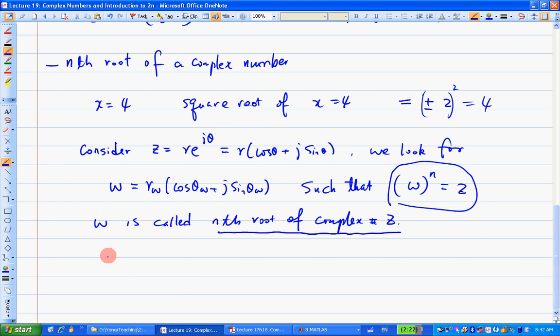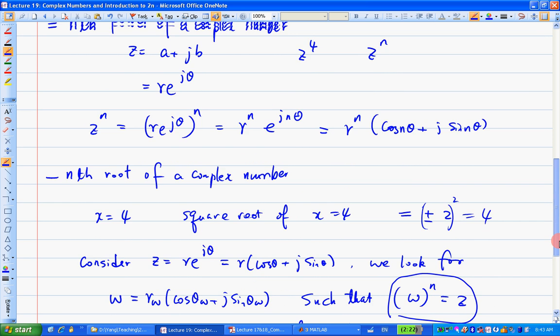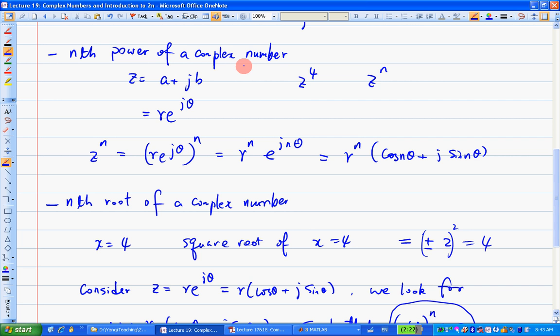So what is w to the power of n? Here's the w we're looking for. Suppose you have w. Then w to the power of n is exactly what we just talked about, the nth power of a complex number.